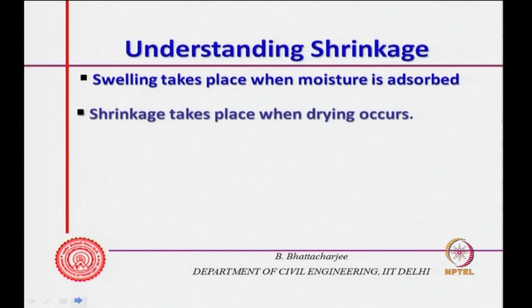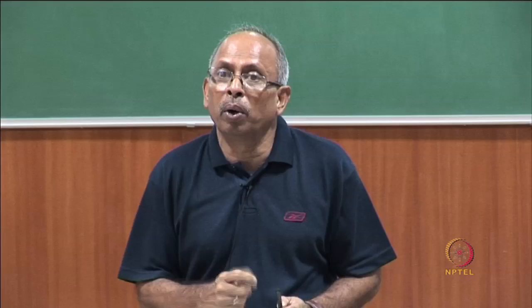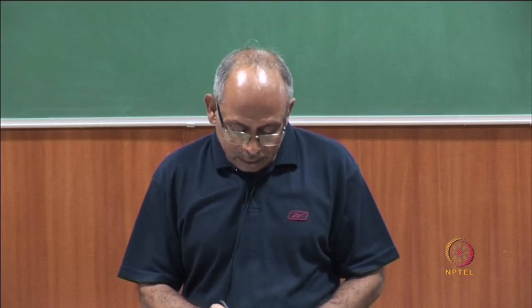At this smaller R, the compressive forces onto the skeleton that would generate would actually compress the system, right. It will compress the system, surface tension will change, and it would compress the system more. So, there is a compression because of the capillary itself. There is also compression because of the adsorbed water being withdrawn. So, this results in drying shrinkage.